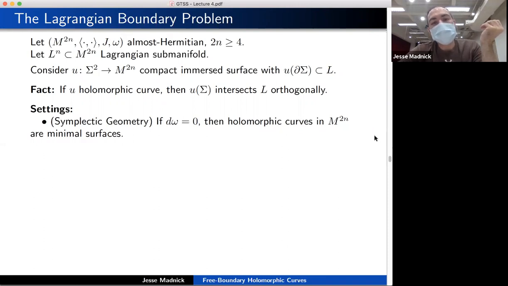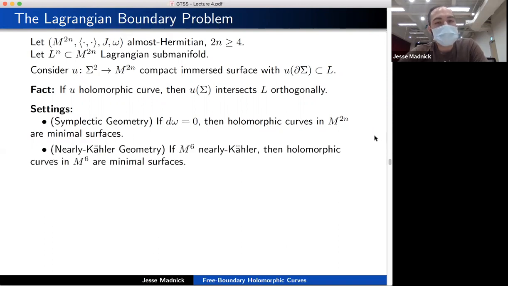So holomorphic curves are calibrated submanifolds, so they're homologically area minimizing, and consequently, they are definitely minimal surfaces. So in this setting, if omega is closed, then holomorphic curves with boundary on a Lagrangian are automatically minimal, and their intersection with L is orthogonal, so they are free boundary minimal surfaces.